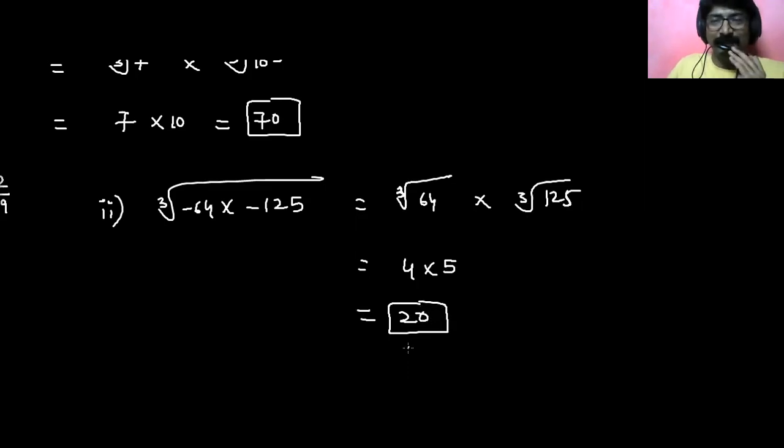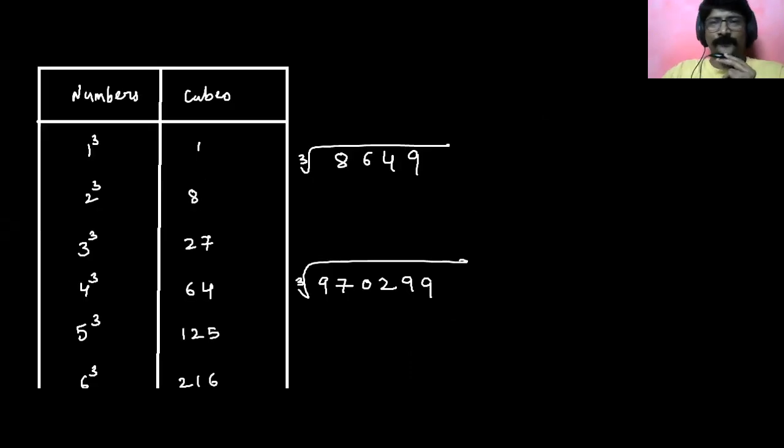And now it's time, guys, to teach you the trick to get the cube root of a 7 digit or 8 digit number in just 3 seconds. I'll just show you. As promised, towards the end of the chapter, I'm giving you the trick.